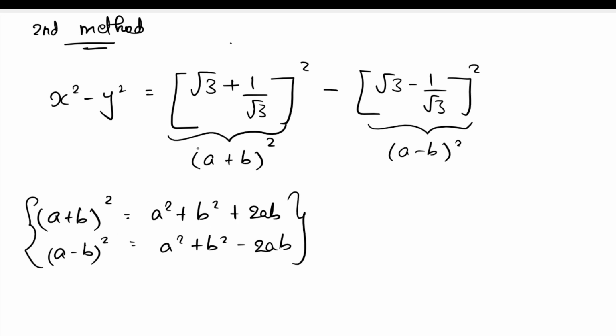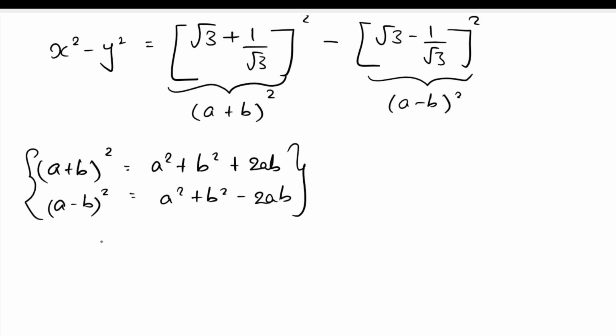Using these two formulas to expand this, we'll get, for x square, it will be a square, which is root 3 square, plus b square, which is 1 by root 3 square, plus 2 into a into b.